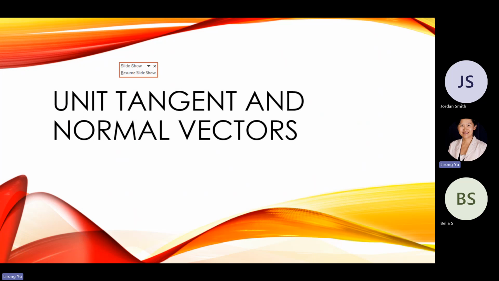The title is Unit Tangent and Normal Vectors. There are unit tangent vectors and unit normal vectors, and these are the two we want to talk about for the curve that we're using a vector value function to represent. With the vector value function, we're capable of representing a three-dimensional curve going around in space.